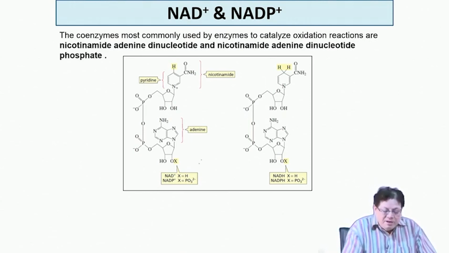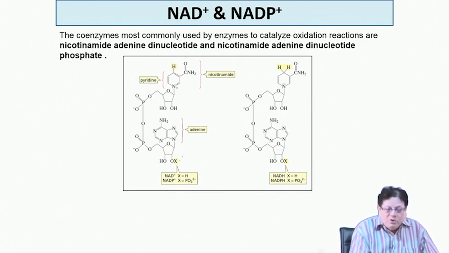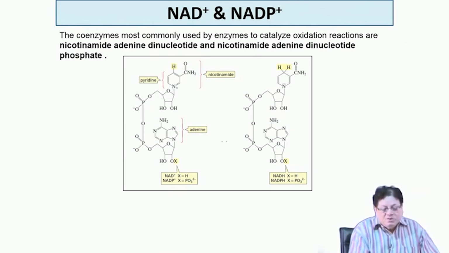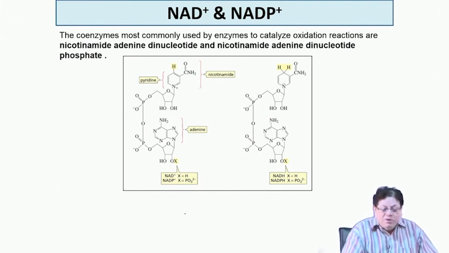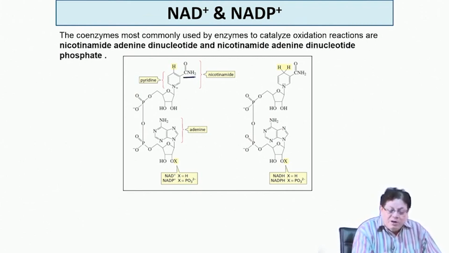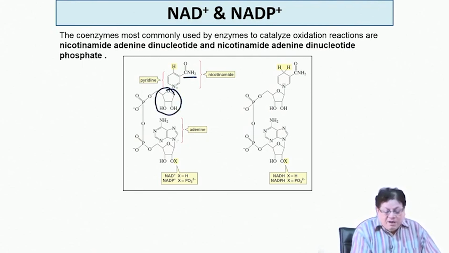So, what are these? Again, the structure is quite complicated, but the vitamin form is actually nicotinic acid. Nicotinic acid is pyridine 3 carboxylic acid. So, this is the coenzyme form. Nicotinic acid is converted to nicotinamide, and then this is the ribose, then you have this pyrophosphate, and then again you have ribose, and then that is attached to adenine.